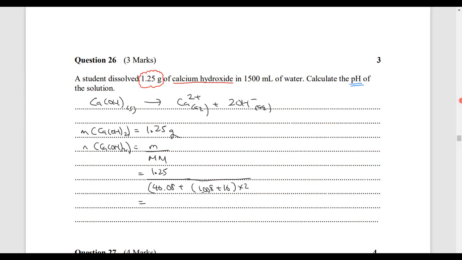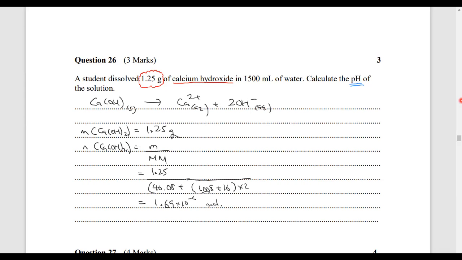And so we, of course, would then calculate that, giving us an answer of 1.69 times 10 to the -2 moles. We've now worked out the number of moles of calcium hydroxide.